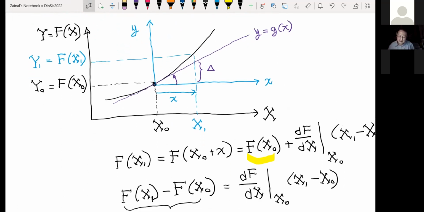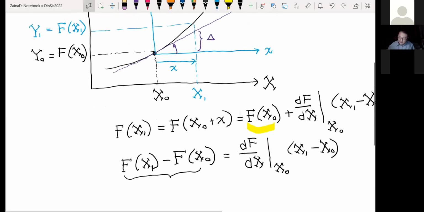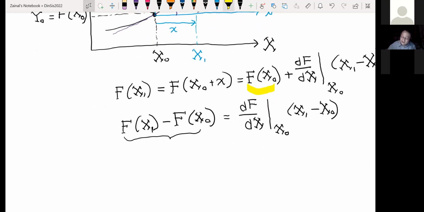So delta y is equal to df derived with respect to x, evaluated at the linearization point, the operating point, multiplied by this one minus this one, which is small x.